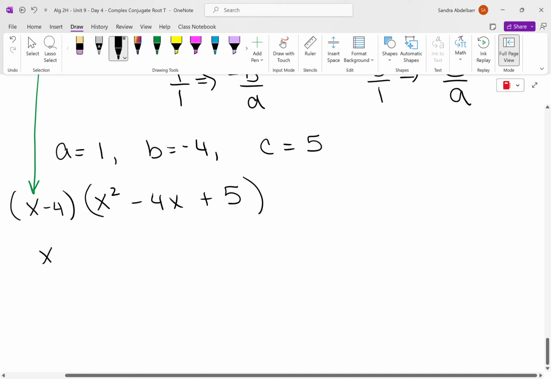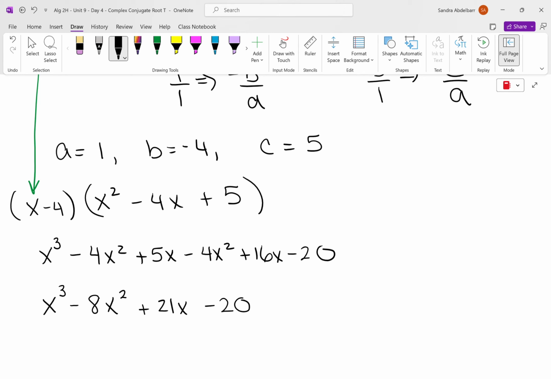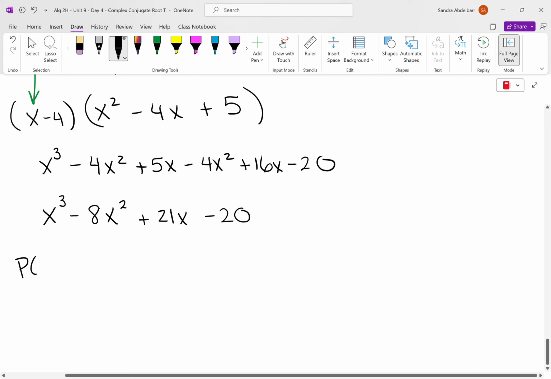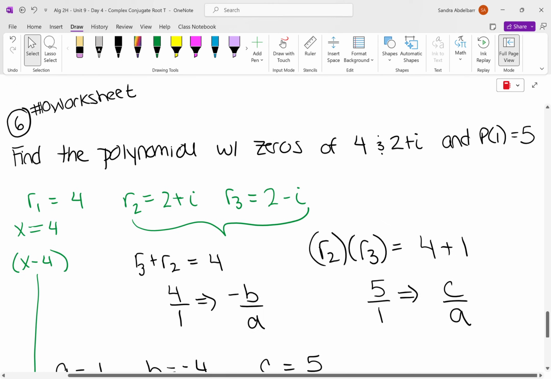Multiply them. So we're going to get x to the third minus 4x squared plus 5x minus 4x squared plus 16x minus 20. So now we're at x cubed minus 8x squared plus 21x minus 20. So p of x is x cubed minus 8x squared plus 21x minus 20.